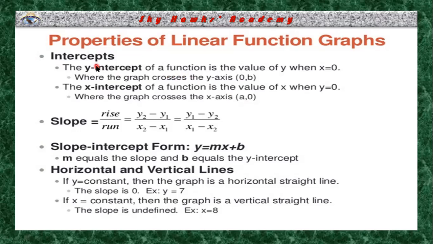So I'm sure that each and everything is clear about the intercept. A lot of questions come up where you are asked to find the intercepts, and the lines and graphs are given, with many types of graphs.